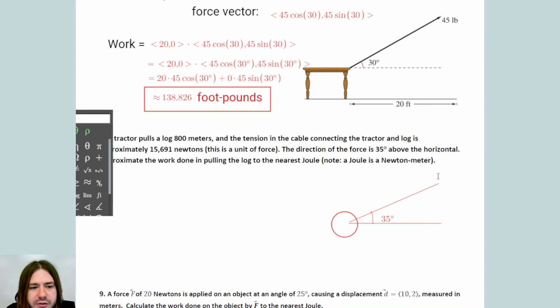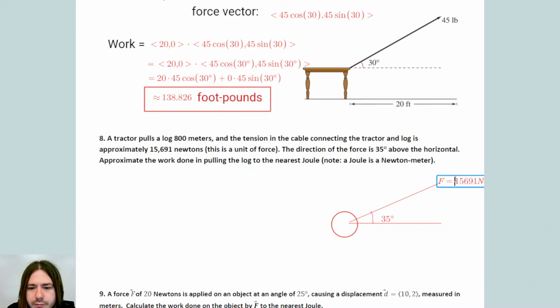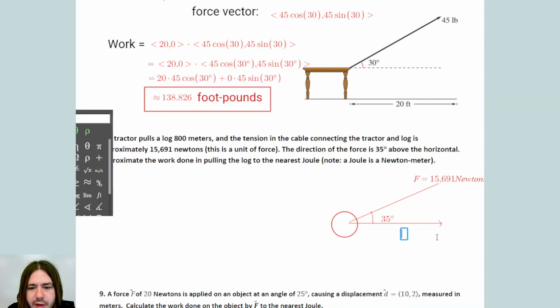And the force is 15,691 newtons. And then how far are we? 800 meters. So this distance right here is going to be 800 meters. A very similar setup to the last one, except our units are different.